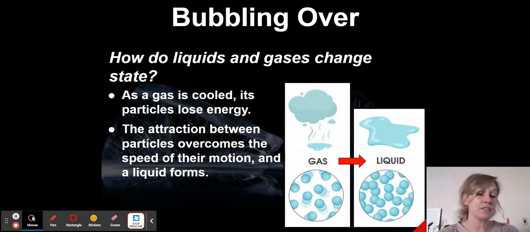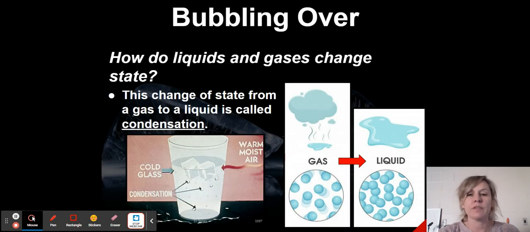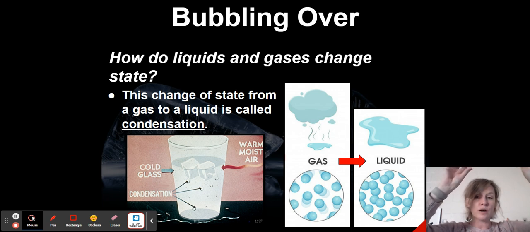As a gas is cooled, its particles start to slow down and lose energy to the environment. The attraction between the particles overcomes their motion and a liquid will form. So it goes from this high energy gas to a slower liquid. All right. The change of state from a gas, so think like water vapor, to a liquid is called condensation.